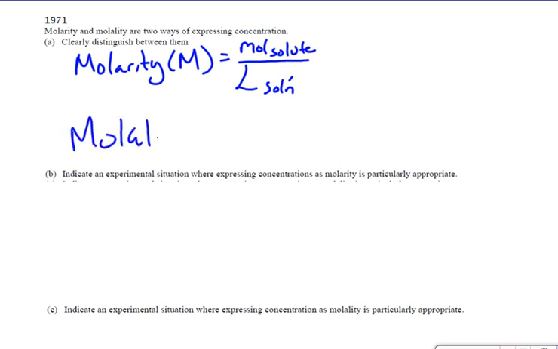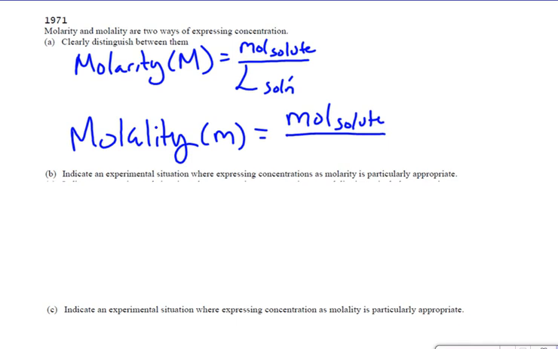Molality, lowercase m, is moles of solute per kilogram of solvent.